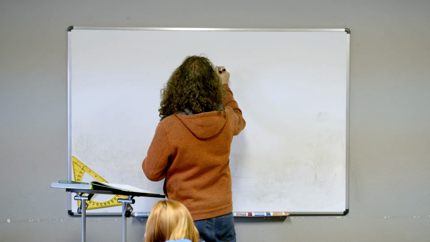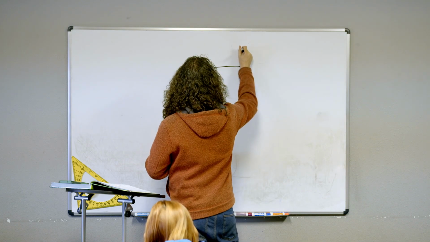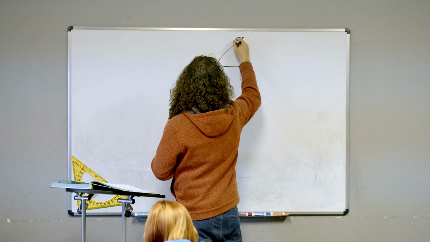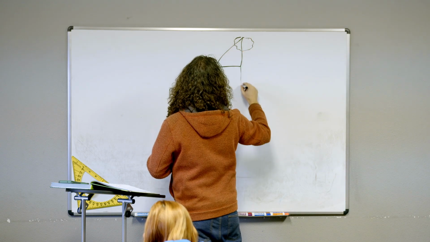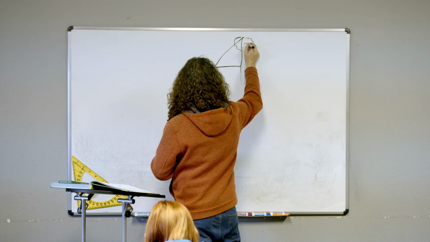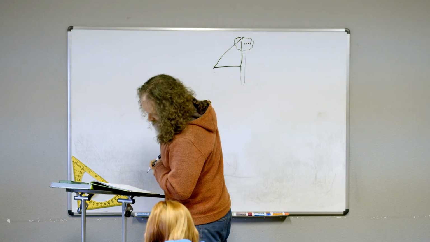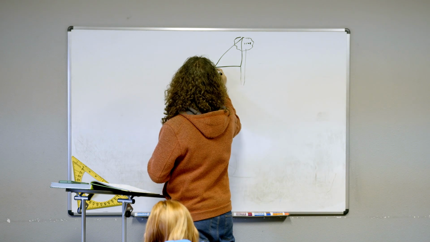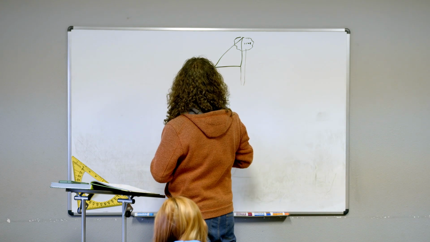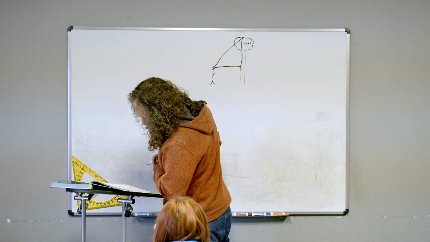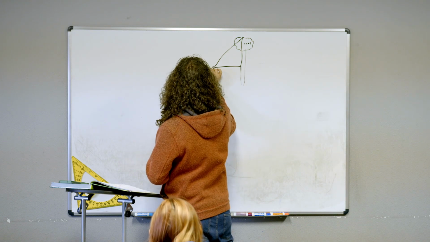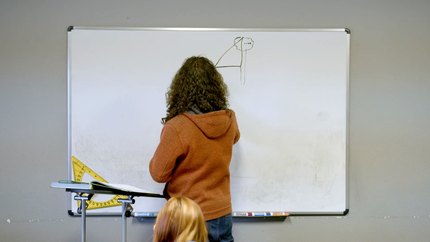All right, let's figure out Bartolo and the tree. Tree. Cute. Okay. And Bartolo, there he is. Triangle stabbing him. Poor Bartolo. He is 1.75 meters tall.